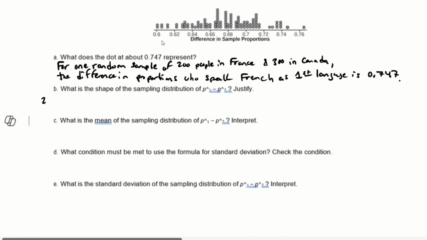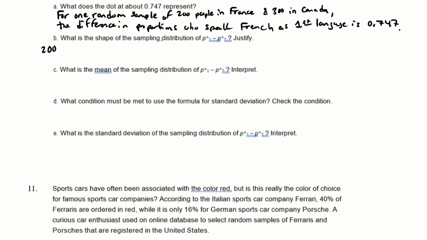So 200 times 0.88 is going to be 176, which is definitely greater than or equal to 10. 200 times 1 minus that, which is 0.12, is going to be 24, which is greater than or equal to 10.